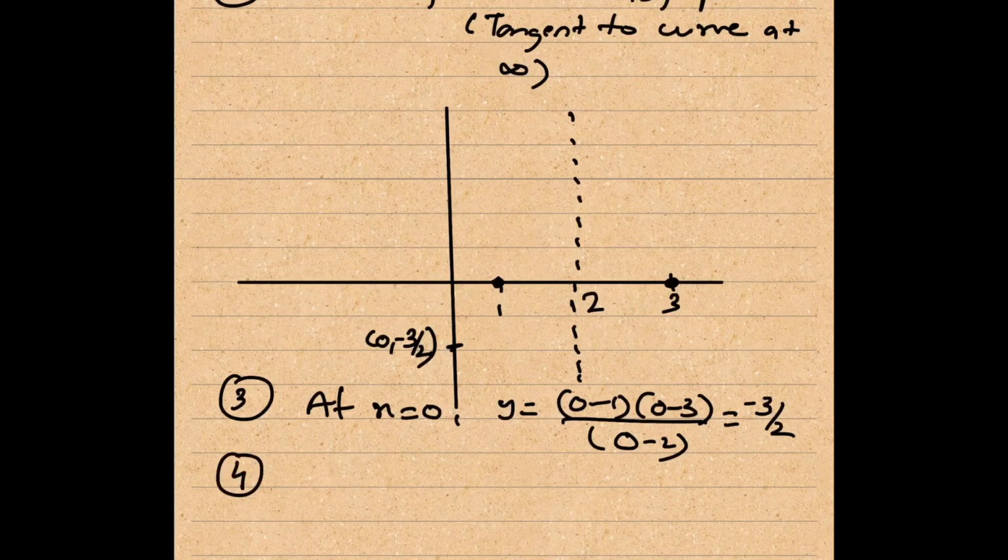What else? The rest of the information we can find out by differentiation. Our function was (x minus 1)(x minus 3) upon (x minus 2). If I multiply these two brackets, we will get something like this.